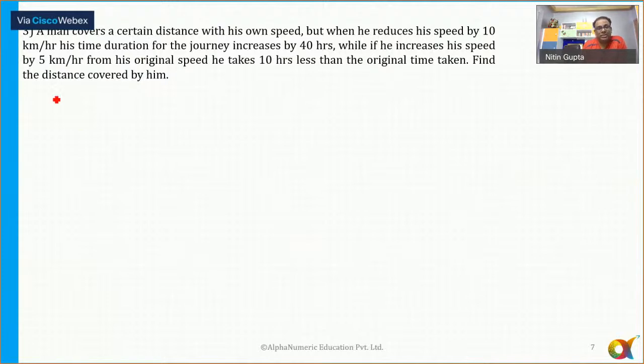The important thing here is that the distance is constant.